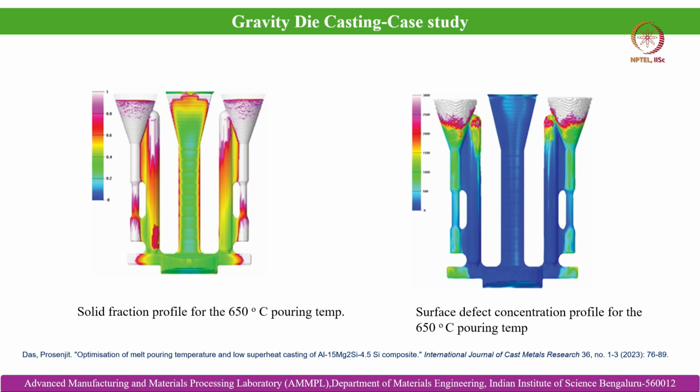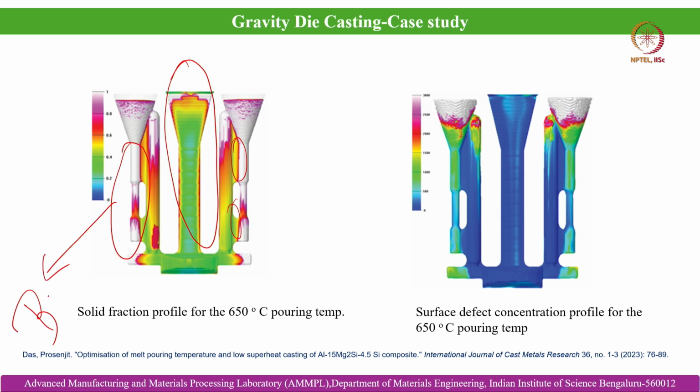Number one is to optimize the gating geometry. This is the sprue, so what should be the sprue dimension, what should be the in-gate dimensions. These are the tensile specimens shown here, as per the ASTM B557 standard, where we can directly get the tensile samples cast.